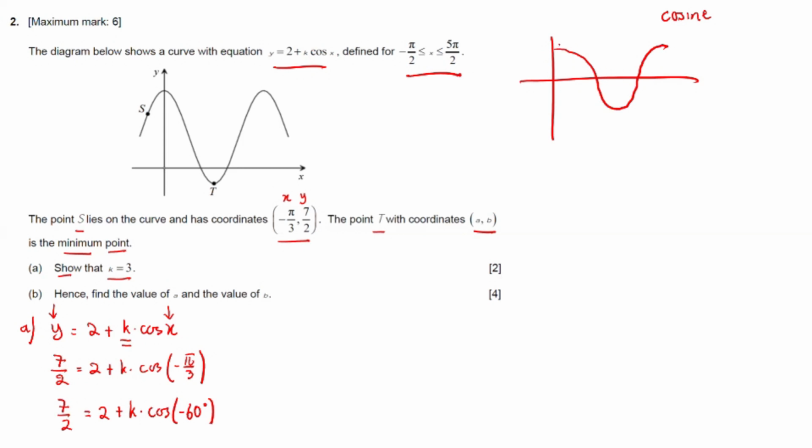This is 0 right here, and this is 90, this is 180, and so on. Since we have negative 60, it means we are going backwards. It works the same way as going to the right side, so right here is going to be this direction. It never goes beyond 1 or negative 1.